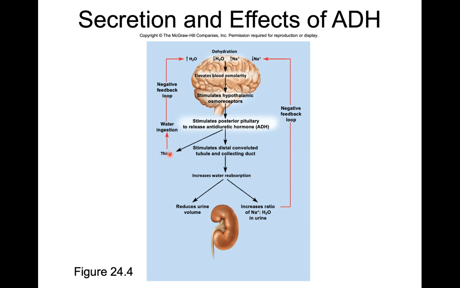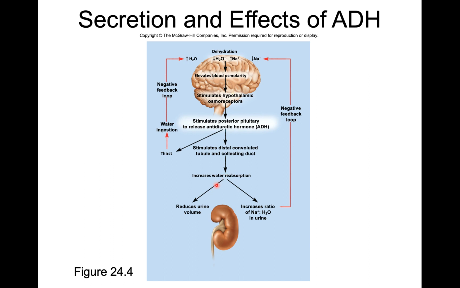And then once you secrete ADH, ADH has 2 main effects. ADH is going to stimulate thirst, and it's also going to stimulate the distal convoluted tubule, the DCT, and collecting duct. Just make sure that you understand that these 2 are part of the nephron, and that ADH, when it signals these 2 regions of the nephron, is going to increase water reabsorption. So it's going to cause water to move from the tubule back into the capillary bed next to that nephron.